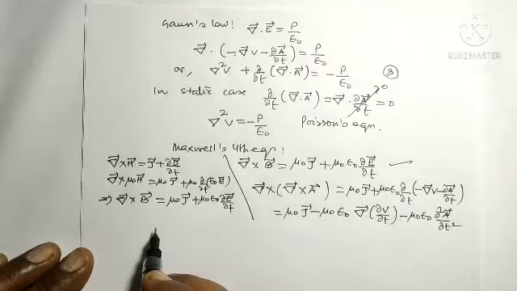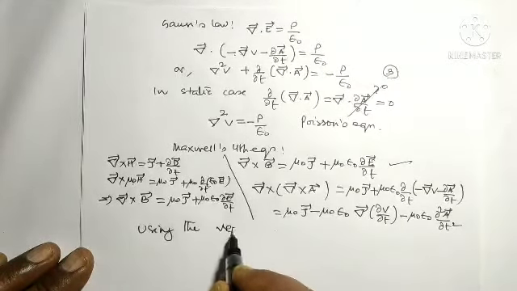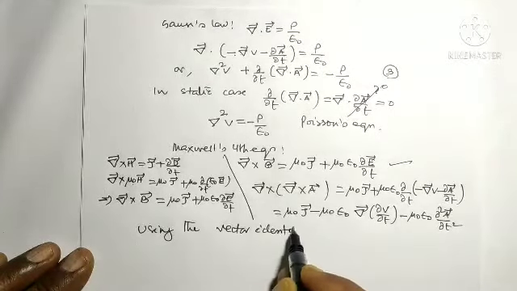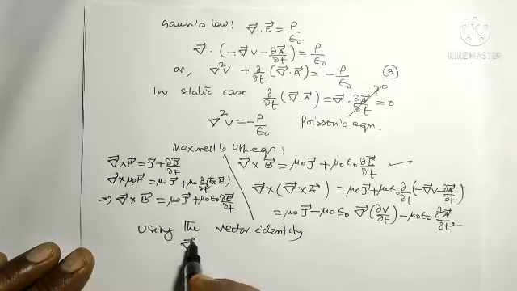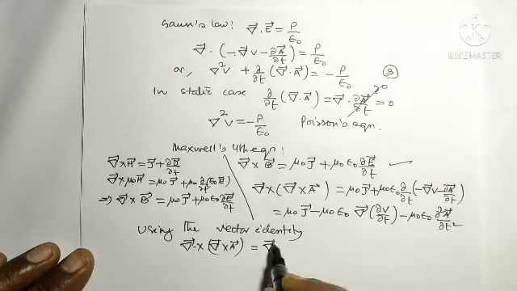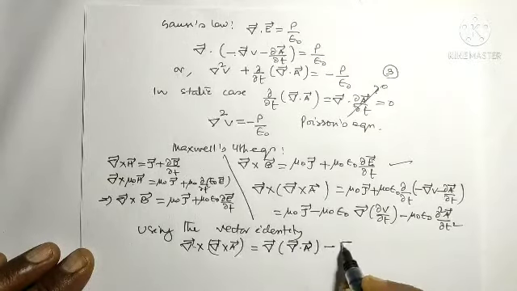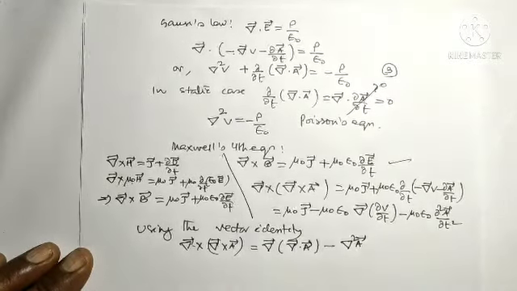Now we use a vector identity on the left hand side. Using the vector identity, del cross del cross A, curl of curl A, equals grad div A minus del square A. This is an important vector identity.